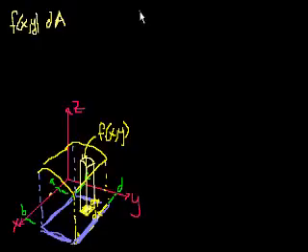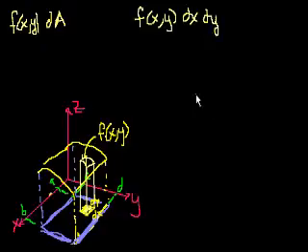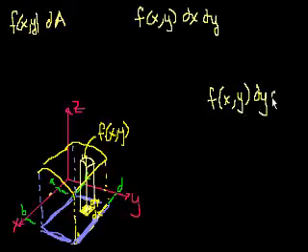So we could also have written this as f of xy times dx times dy. And of course, since multiplication is associative, I could have also written it as f of xy times dy dx. These are all equivalent, and these all represent the volume of this column that's between this little area here and the surface.